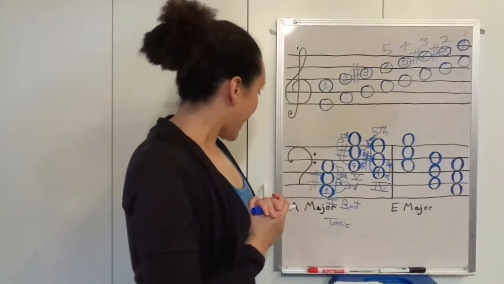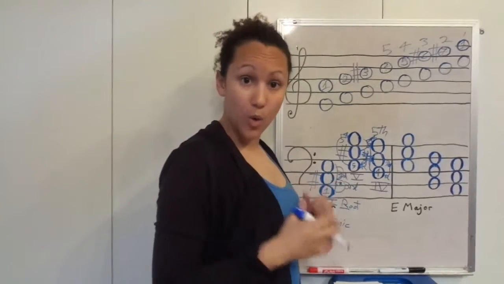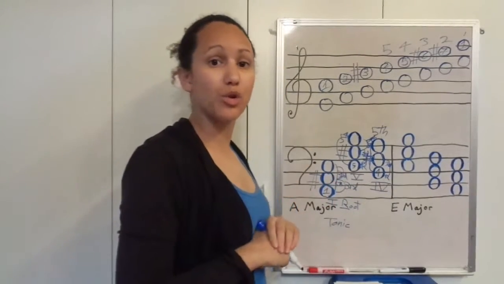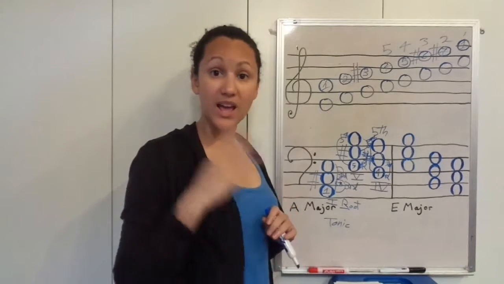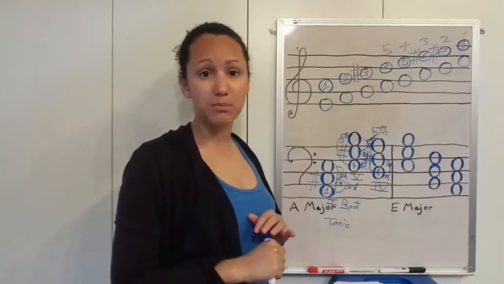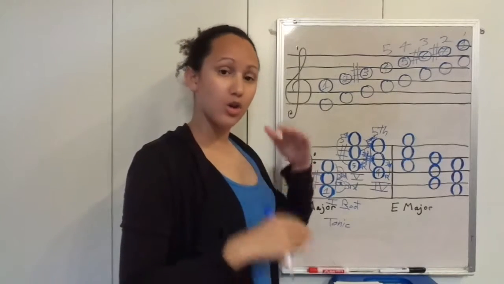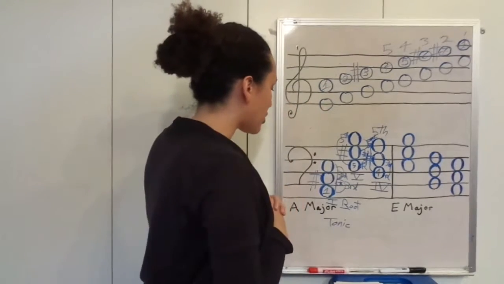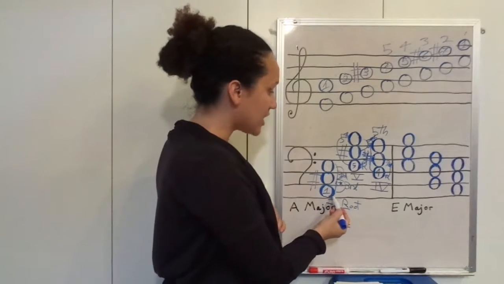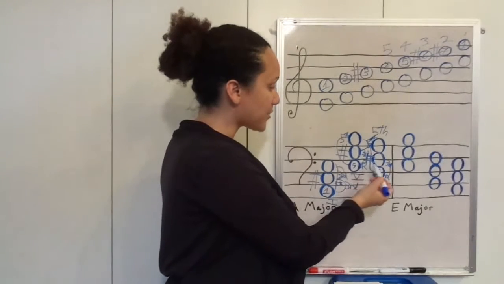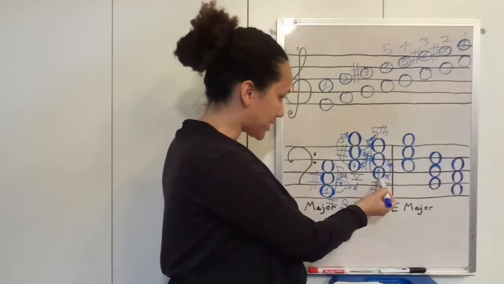So, A major, primary chords or main chords, or you can call them triads. A triad is just a chord that has 3 notes, and it's usually built off of thirds or skips. So primary chords or primary triads would be the 1 chord, the tonic, the 5 chord, the dominant, and the 4 chord, the subdominant.